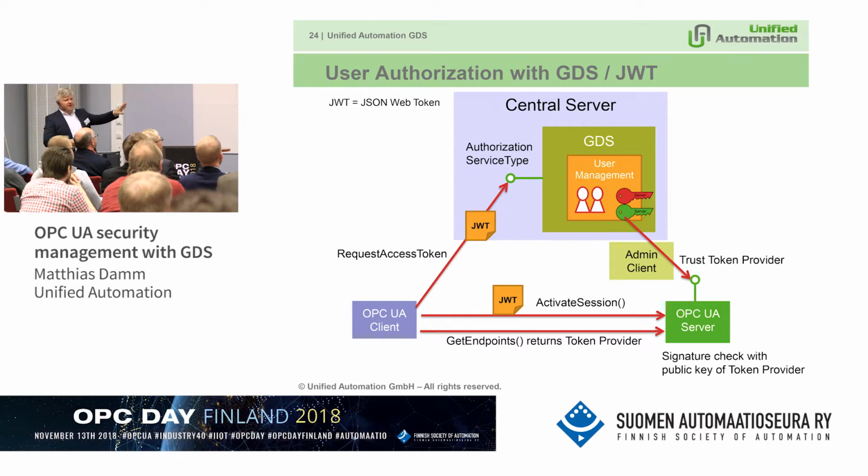So you don't need to manage the users on the servers. The servers only need to trust the token server, and you can manage the allowed roles in a central place for the OPC UA communication. So this is one feature that was added in OPC UA 104.